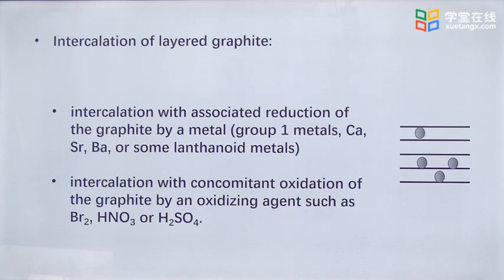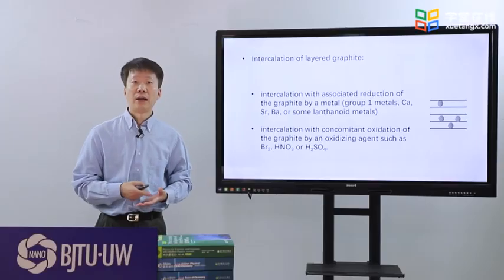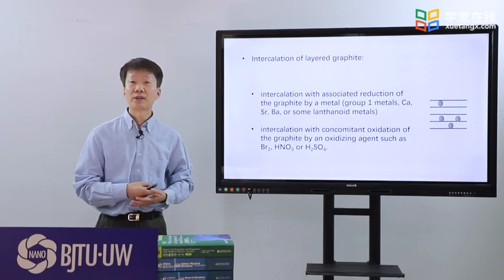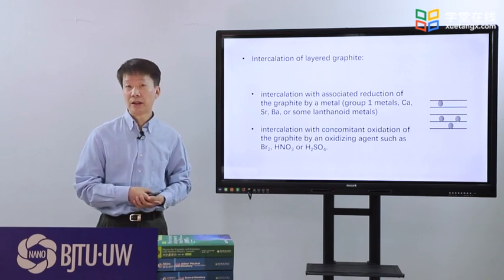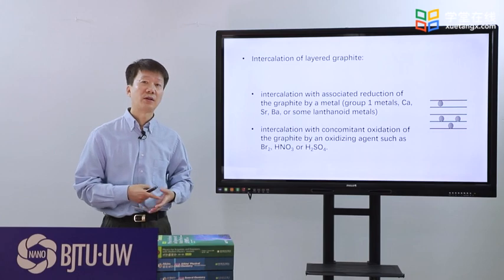There are 2 general types of graphite intercalation compound: intercalation with associated reduction of the graphite by metals, and intercalation with oxidation of graphite by an oxidizing agent such as bromine, nitric acid, or sulfuric acid.